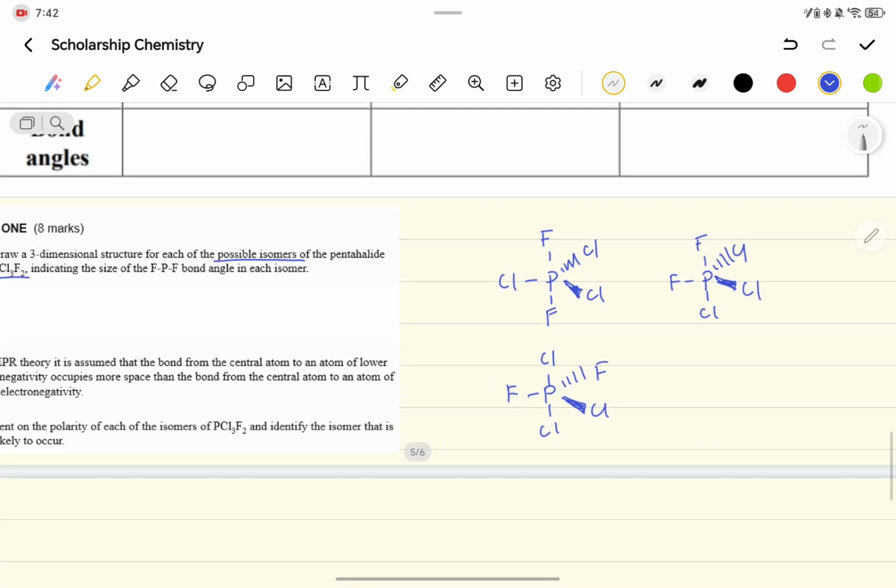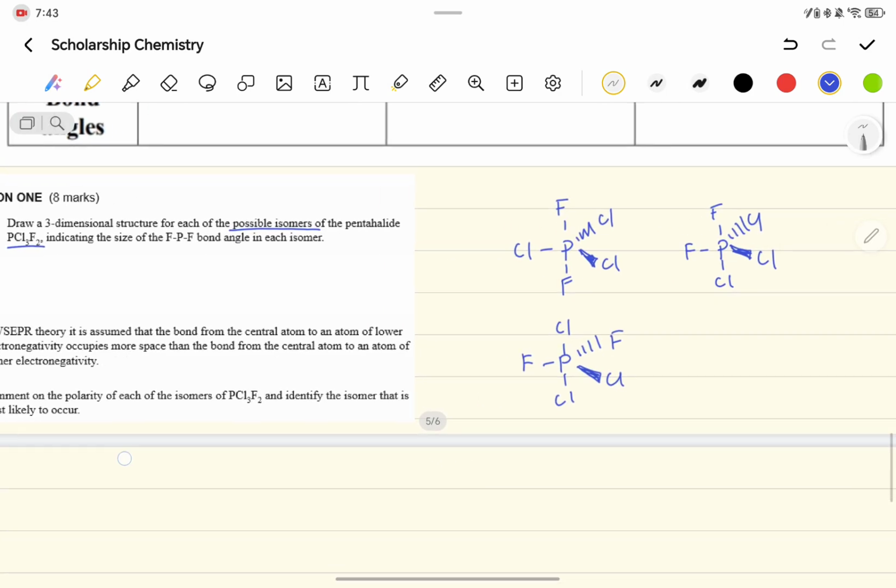So there are only three possible isomers, although there are five different bonds around P, because we know the axial and equatorial positions are different things at different places, and you can't really mix them up. So we can say there are three possible isomers, because you can either have both Fs occupying both axial positions, one F occupying one axial position, or no fluorines occupying the two axial positions.